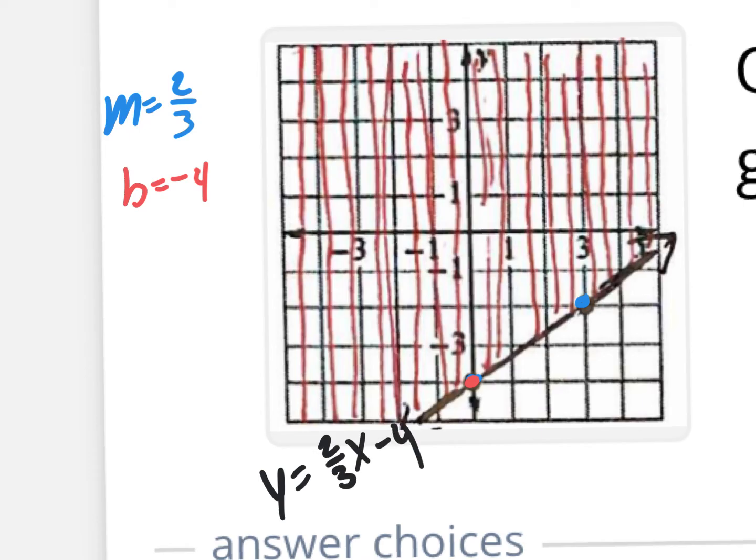However, it's not just a line, y equals 2/3 x minus 4. It's an inequality, and it is shaded above. So if it's shaded above, we're going to have a greater than symbol. And it is a solid line, not a dotted line. So I need a solid line underneath that inequality. Ladies and gentlemen, this is our answer.